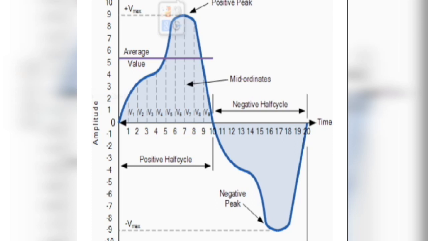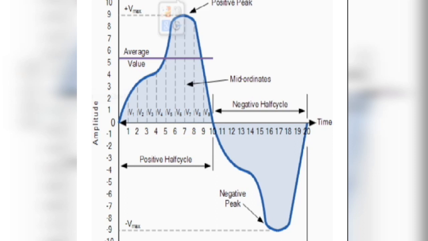Negative half cycle means when it starts from 0 to 180, it's called the positive half cycle or a positive value, and when it starts from 180 to 360, it is called the negative half cycle, meaning negative amplitude.